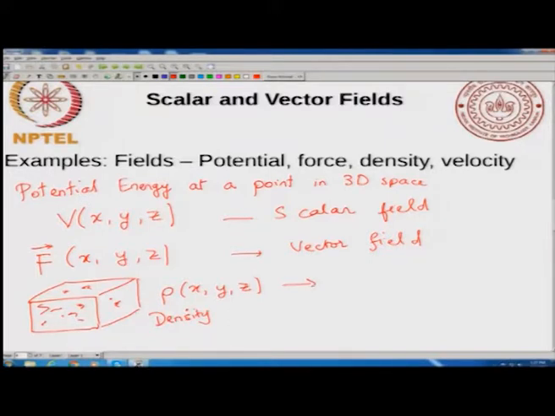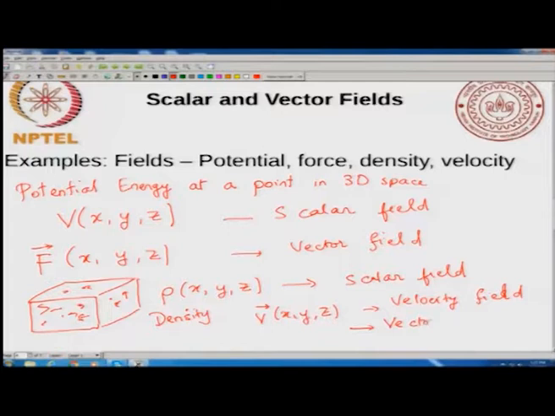So, this is an example of a scalar field. Okay. Now if you have a fluid, then the particles at each point might move with different speeds. Okay. So, the velocity, this is velocity field. This is very commonly encountered in fluids, and this is an example of vector field.